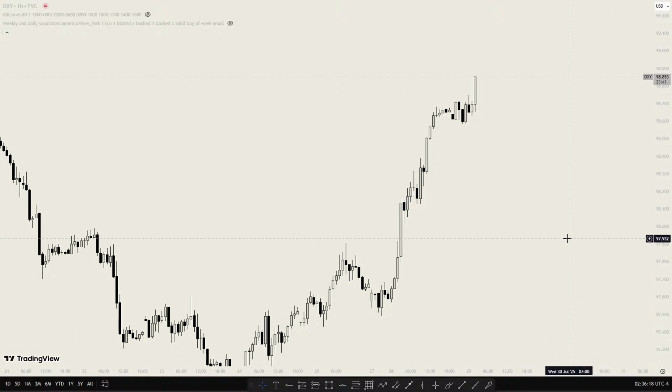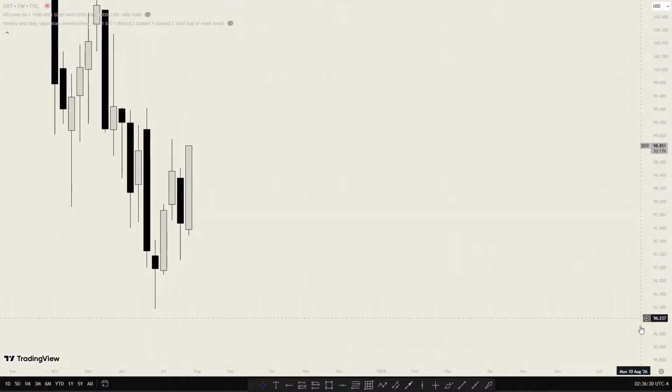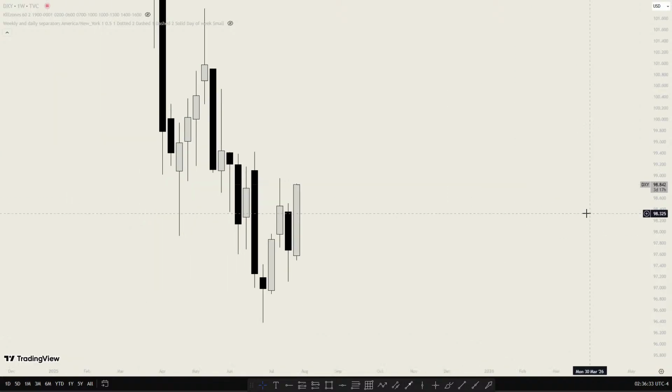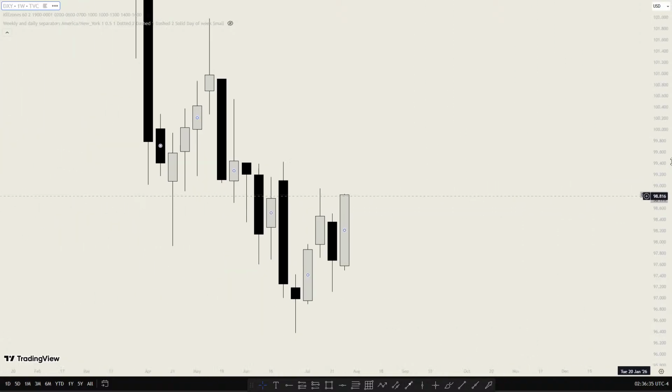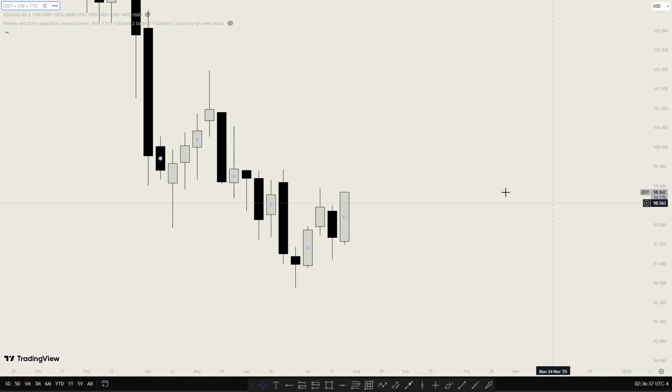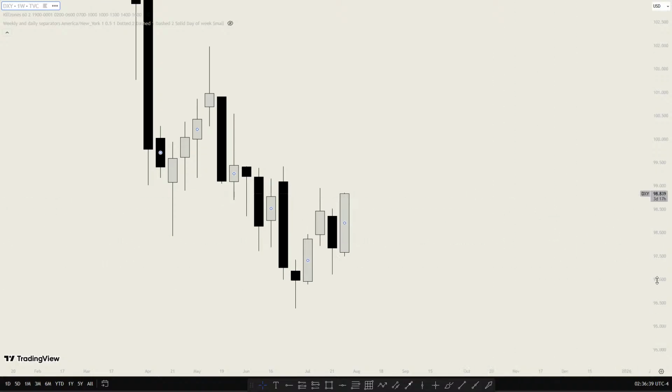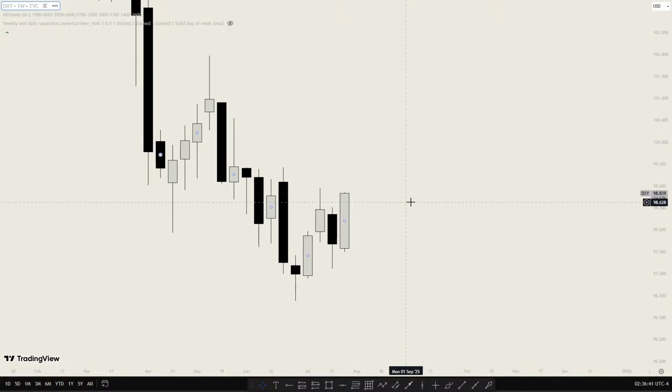So let's start by looking at the dollar index. Now here we are on the dollar index, and we'll start by looking at the weekly time frame. The reason why you have to look at the weekly time frame is for you to determine the direction of the weekly candle. Where is the weekly candle going to go, and which direction will it follow?